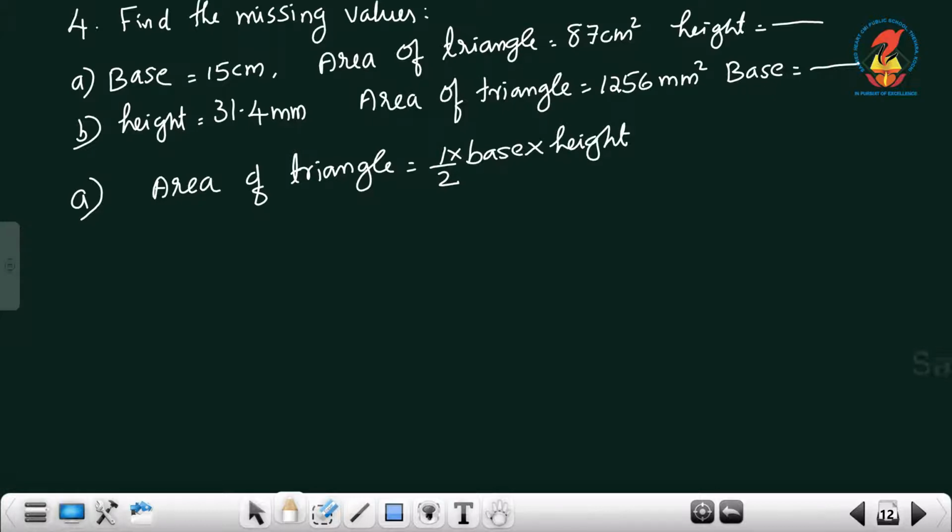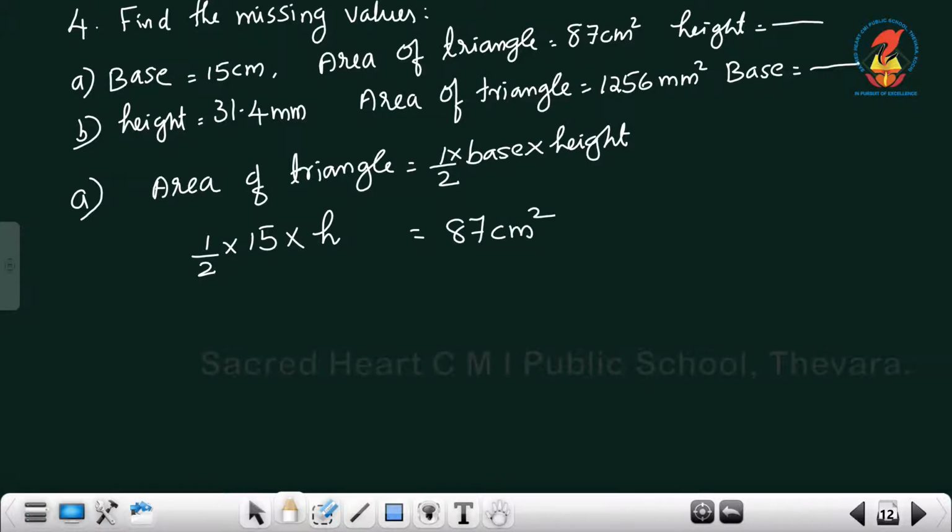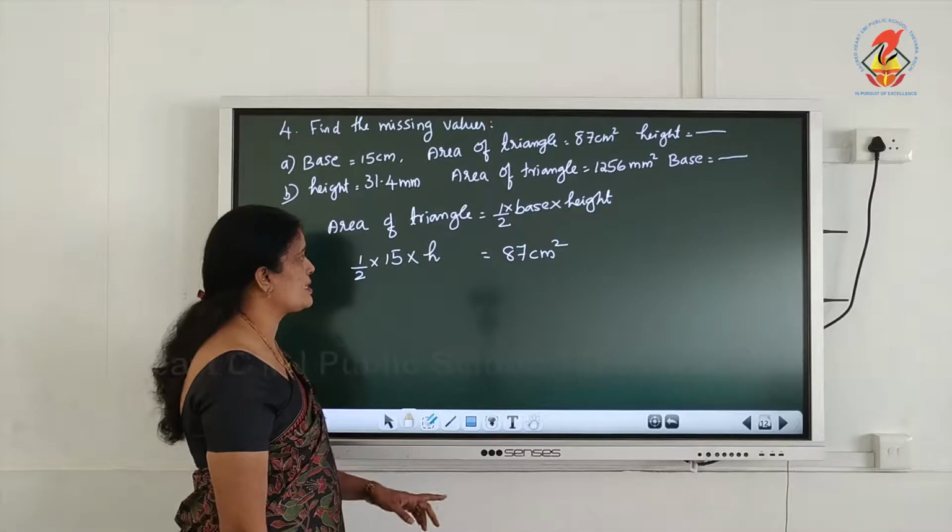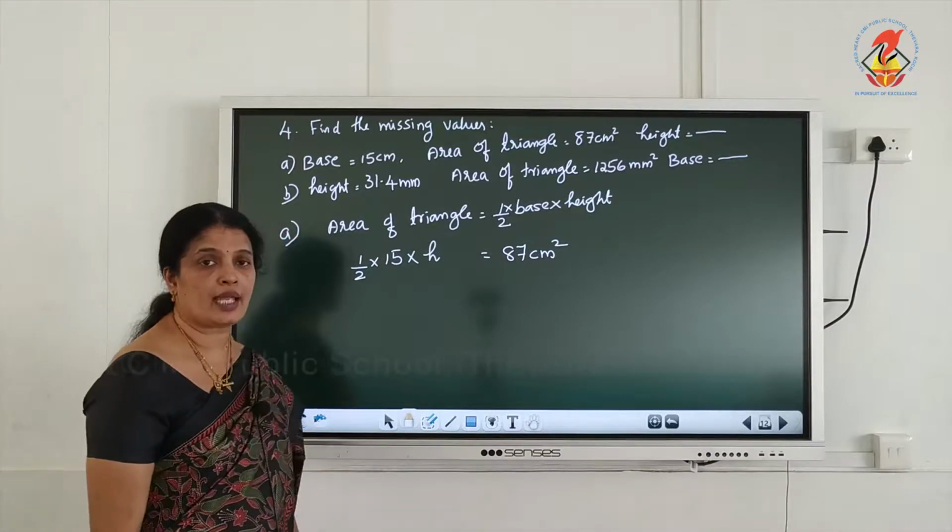Okay, here half into what is its base? Base equal to 15 into height not given, h equal to what is the area of triangle? Area of triangle equal to 87 centimeter square. In the place of base and height you should write 15 and h.